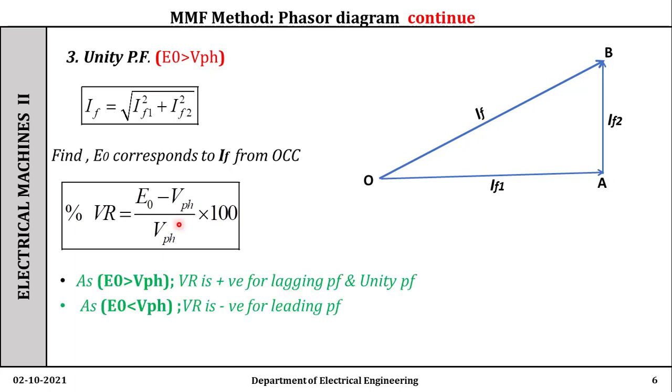Now as E0 is greater than VPH, voltage regulation is positive. Or in general, as E0 is greater than VPH, voltage regulation is positive for a lagging power factor and unity power factor, whereas since E0 is less than VPH, the voltage regulation is negative for a leading power factor. Now let us summarize this method.